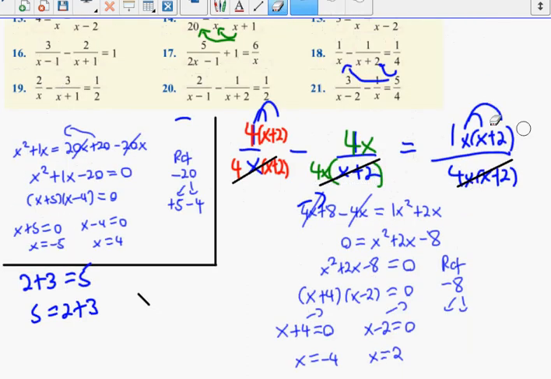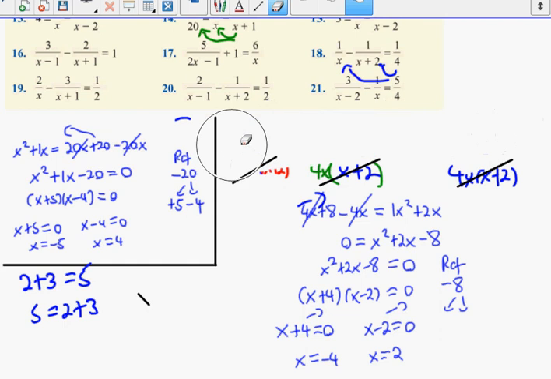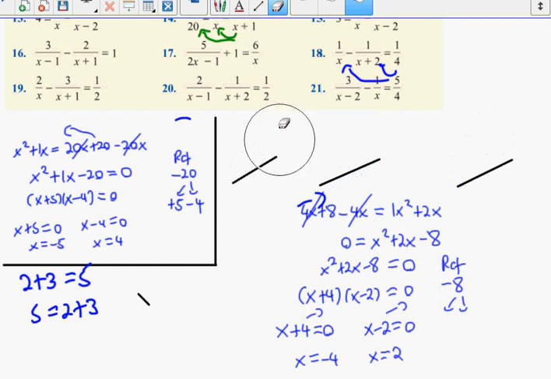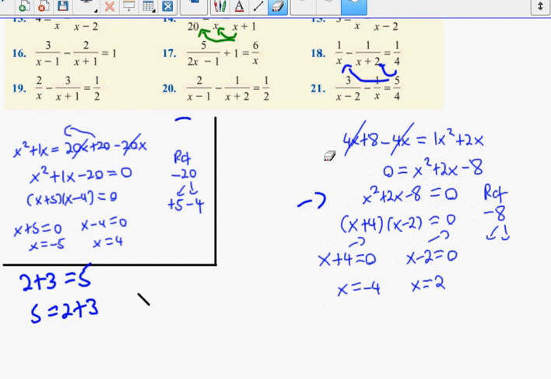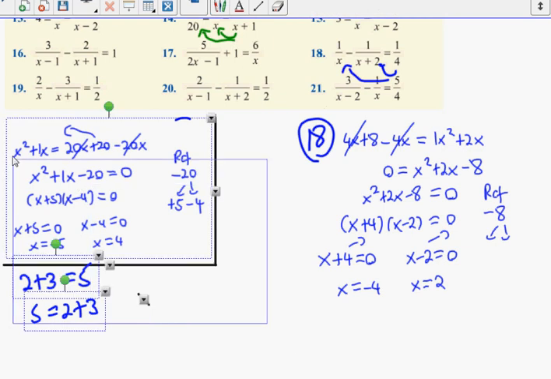Okay guys, so what we're on now is number 19, is it? 19? Okay. So that's that one there. That was 18. For those of you still working on it. Now I'll get on to number 20 now.